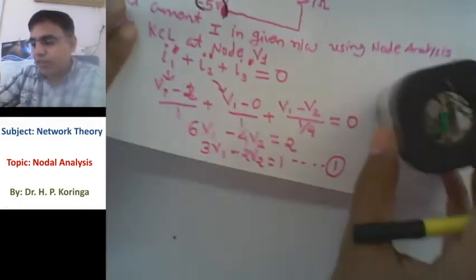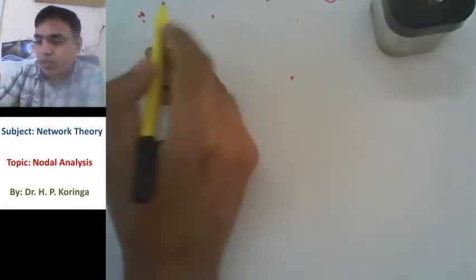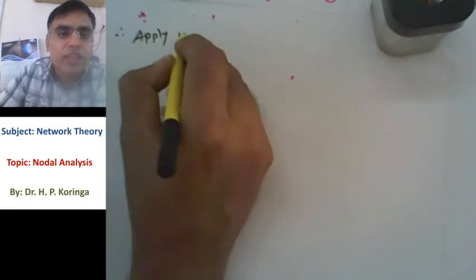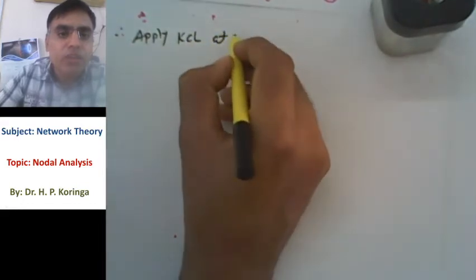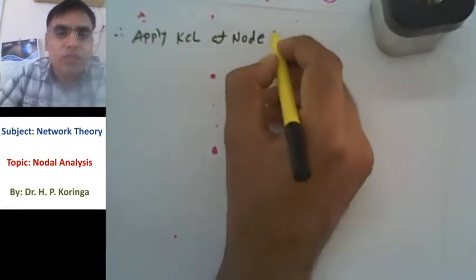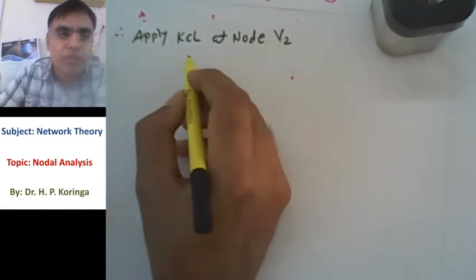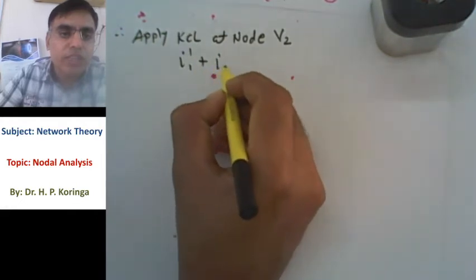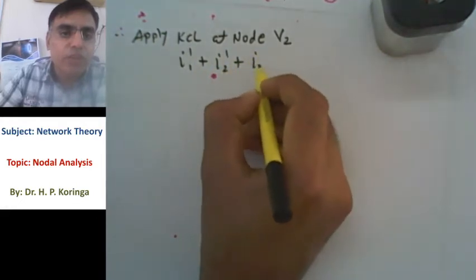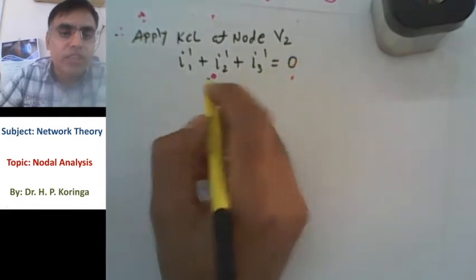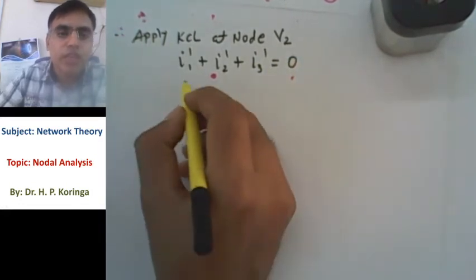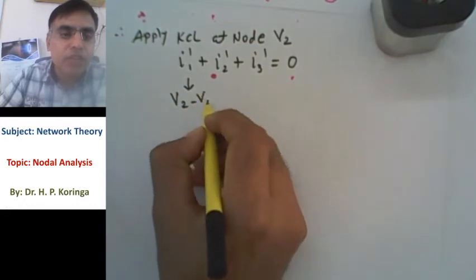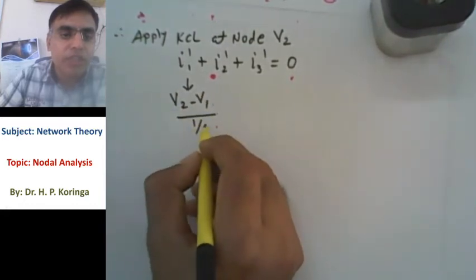Let's write I1, I2 and I3. Applying KCL at node V2, there are 3 branches connected, so I1 dash plus I2 dash plus I3 dash is equal to 0. I1 dash is (V2 minus V1) divided by the 1/4 ohm resistance between them.